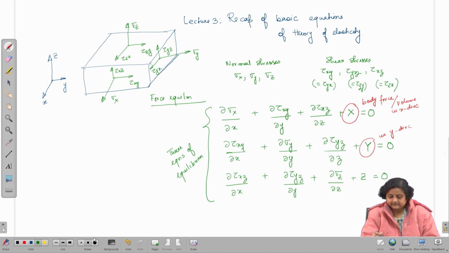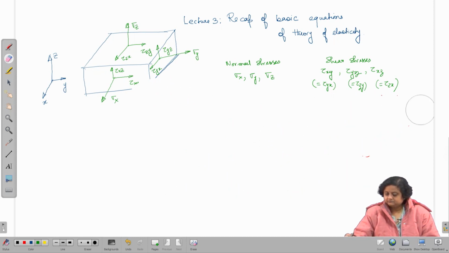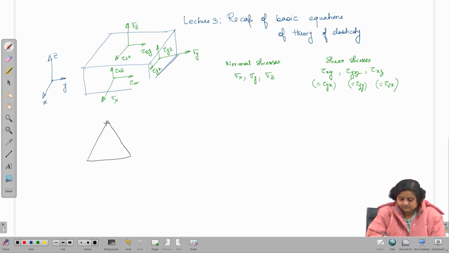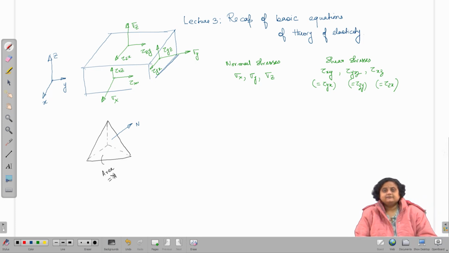So, let me just erase this off. And let me draw the... Now, let us consider this tetrahedron on the boundary of the 3D body, any arbitrary boundary of the 3D body.